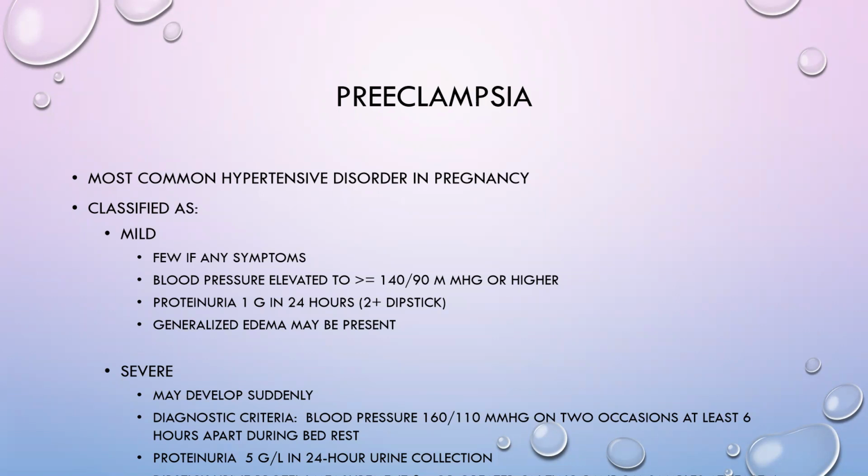Proteinuria will be up to 5 grams per liter in a 24-hour period, which is about 3+ or greater on a urine dipstick. Oliguria, with urine output equal to or less than 500 mL in 24 hours, is also a sign of severe preeclampsia.